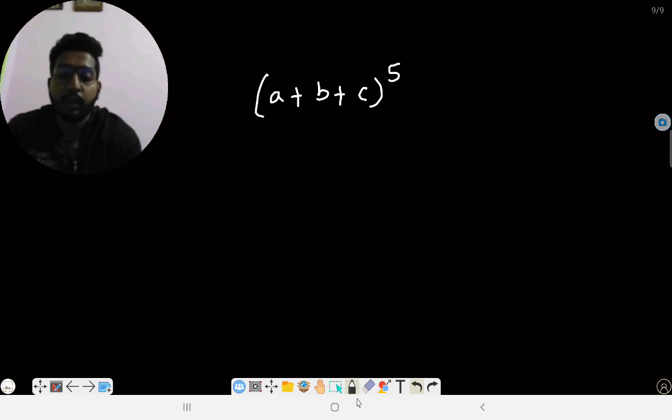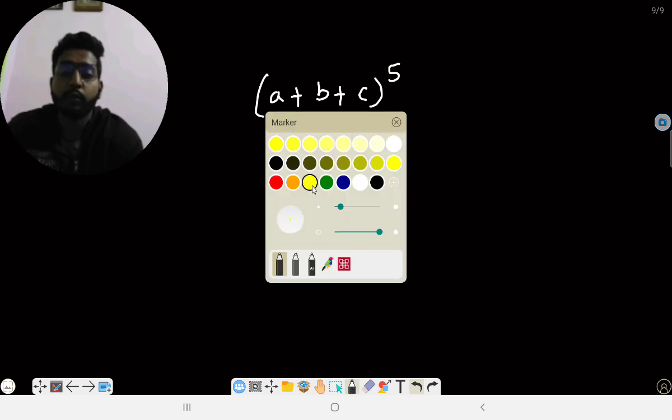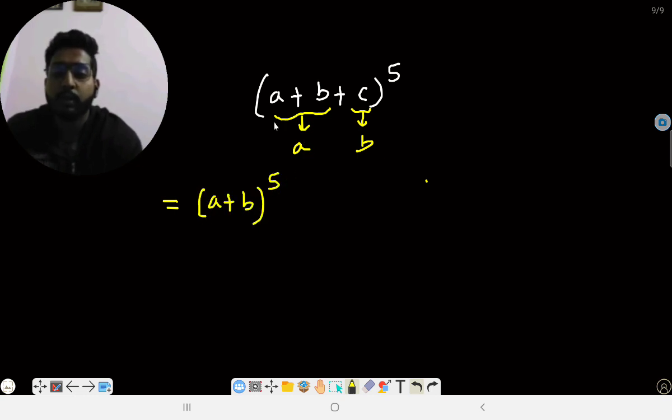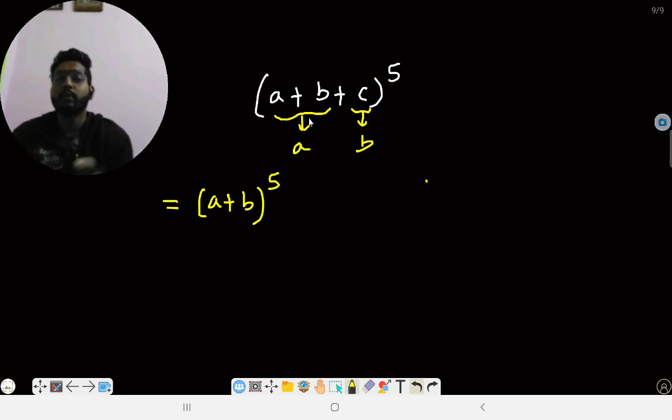So how to do that one? First I take a plus b as a single term. Suppose this is my A and this one is C. So (A plus C) whole to the power 5, like this. Now if I expand this one, what will happen? That will be A to the power 5, because this a plus b I have taken whole as A.